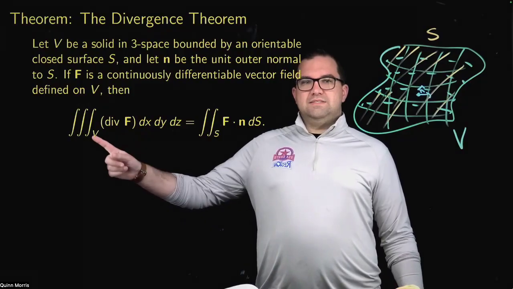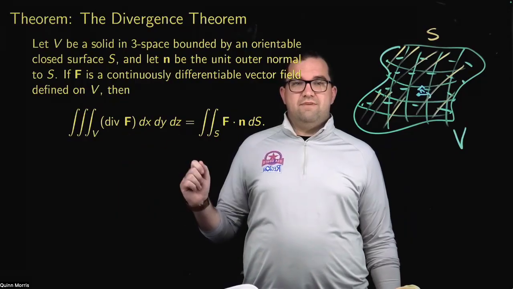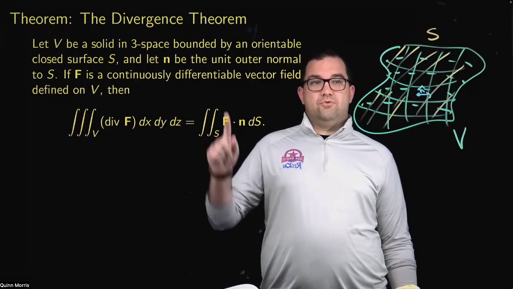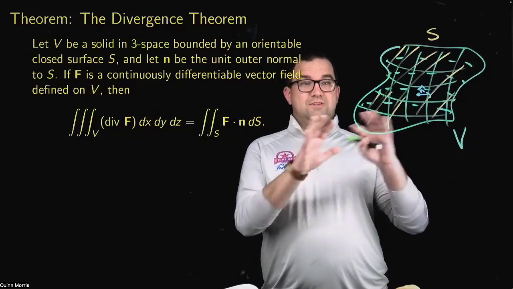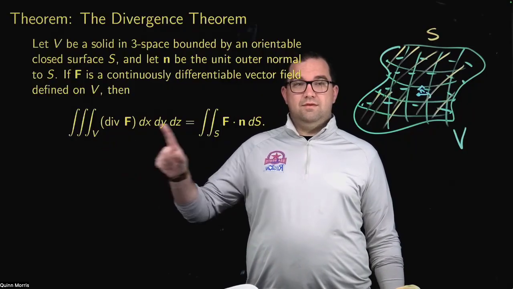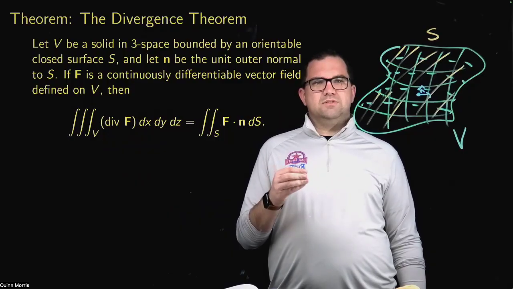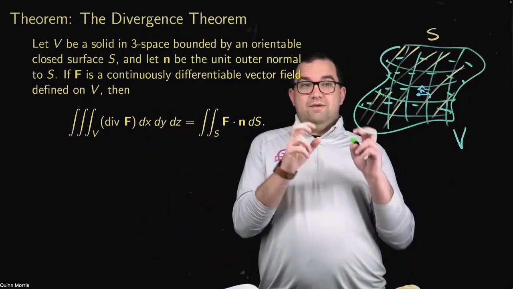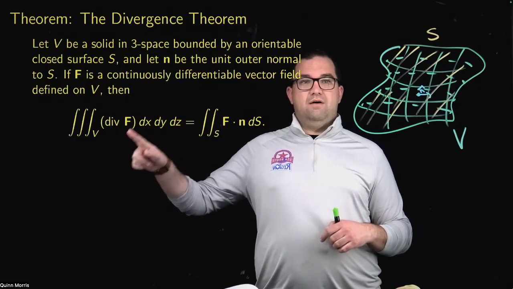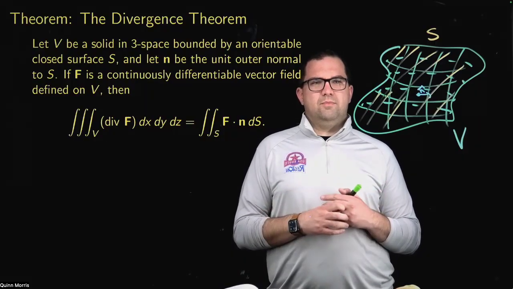So what we're saying here is that I can swap out this triple integral of a derivative of F for, okay, this isn't a double integral, it's a surface integral, but it's an integral over a two-dimensional set, which is the boundary of this three-dimensional set, of F. This sort of looks like a fundamental theorem of calculus. I can essentially replace one of the integrals and take the derivative off of F.